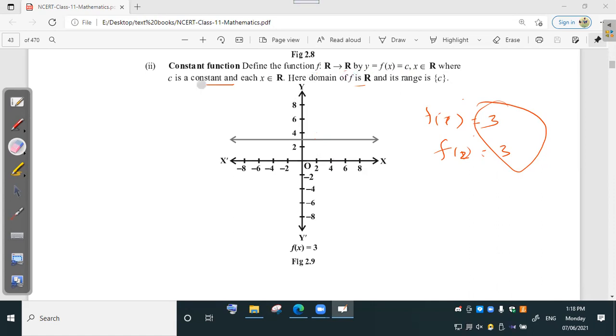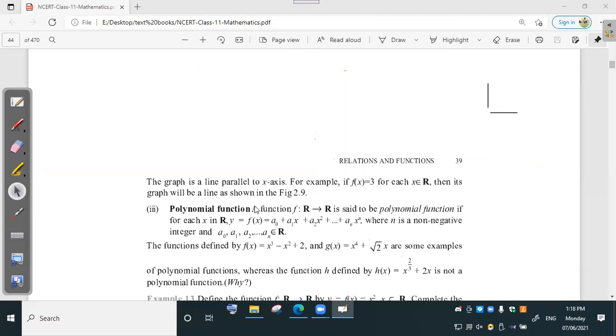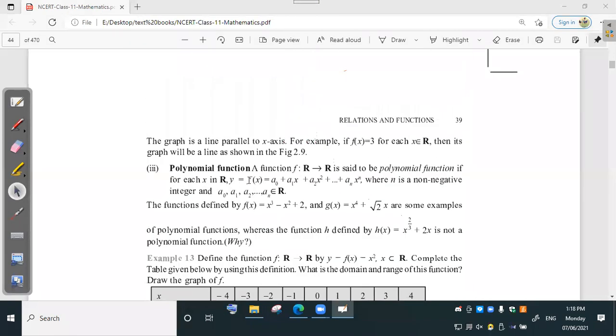Then we have the third type of function, that is the polynomial function. You know that f(x) is equal to some polynomial.